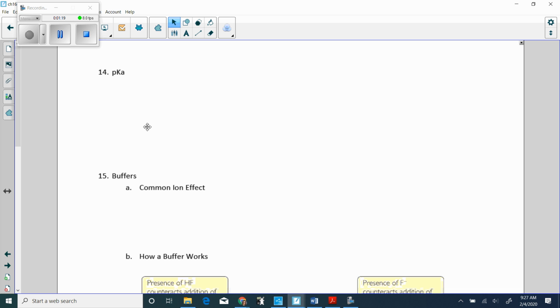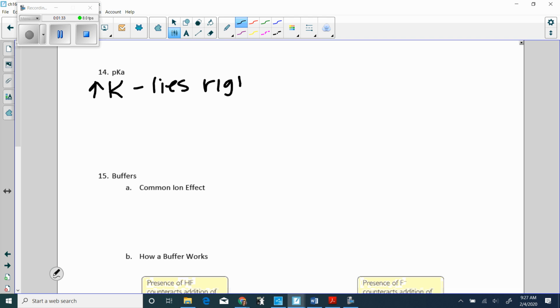Okay. Before we start talking about pKa, I want to remind us what K means. If something has a big K, that means that the equilibrium lies right. So if the equilibrium lies right, that means that my right side has a lot of stuff.